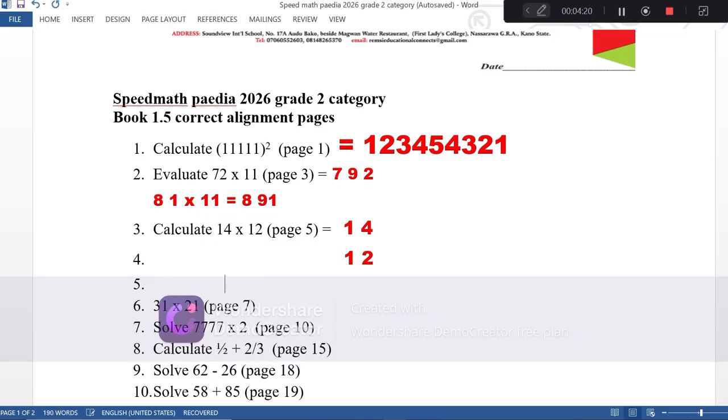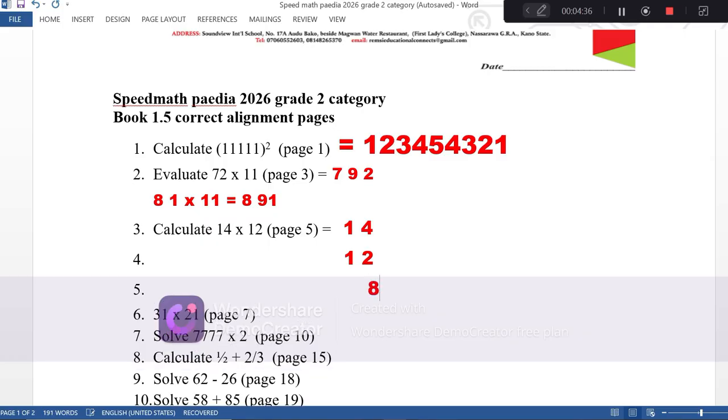We times, we plus, we times. So 4 times 2 is 8. Then what is 4 plus 2? 4 plus 2 is 6.